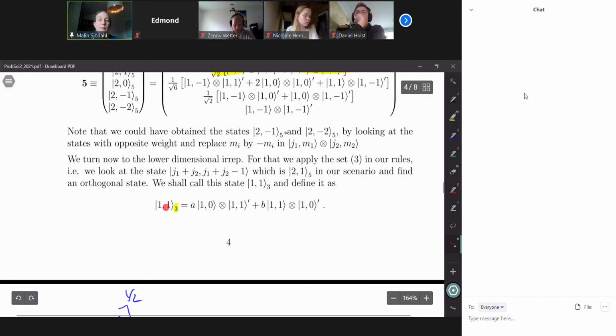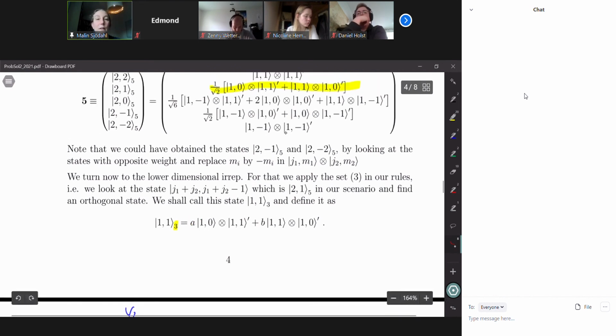And since the spins here should add up to 1, we know that we must have some linear combination of the state with spin 0 and spin 1, and the state with spin 1 and spin 0, with some coefficients A and B.